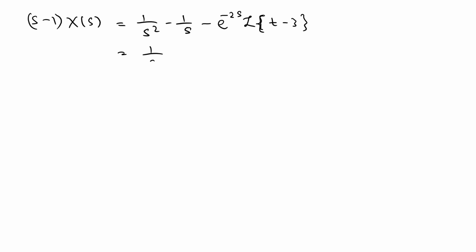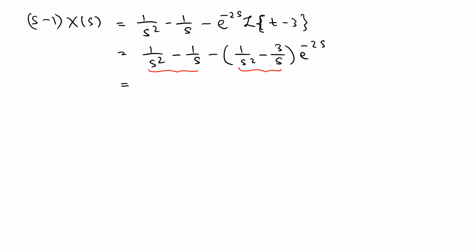So it is 1 over s squared minus 1 over s, and then we take the Laplace transform of the inside function, which is 1 over s squared minus 3 over s times e to the minus 2s, and then we can do the common denominator. If you take the common denominator s squared, you can see the second one misses an s term.